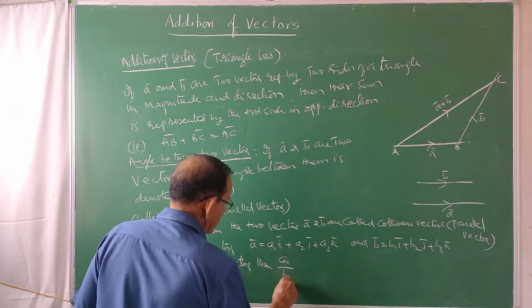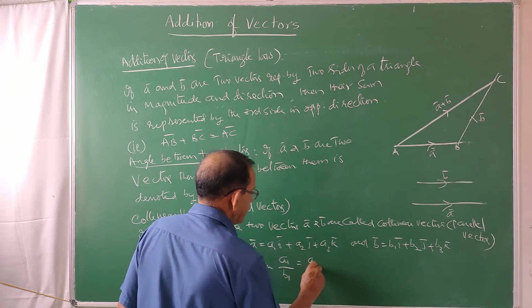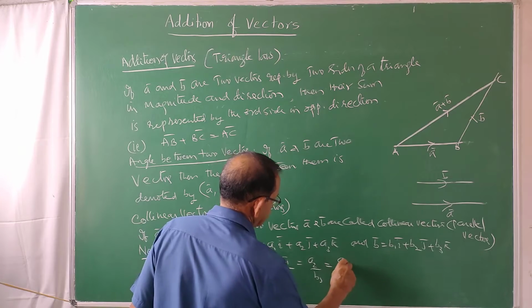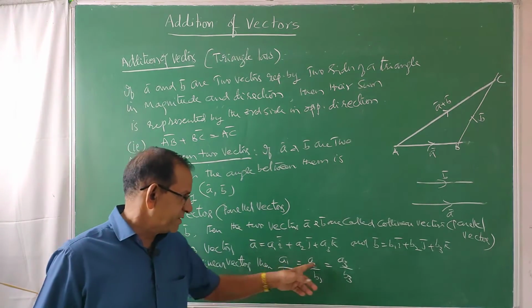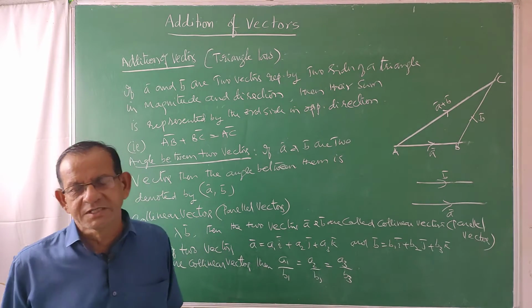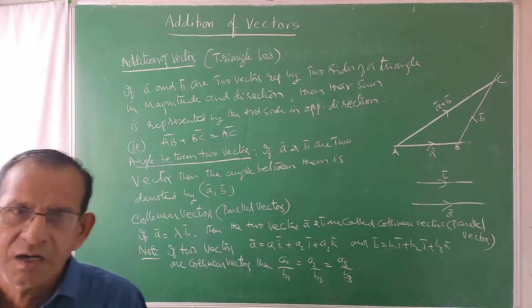Then A1 by B1 is equal to A2 by B2 is equal to A3 by B3. The coefficients of I bar, J bar, K bar are proportional.